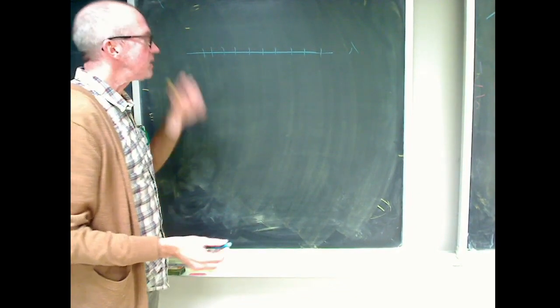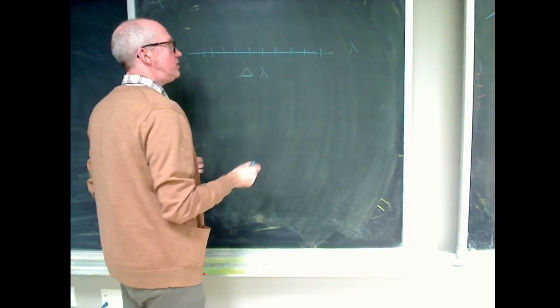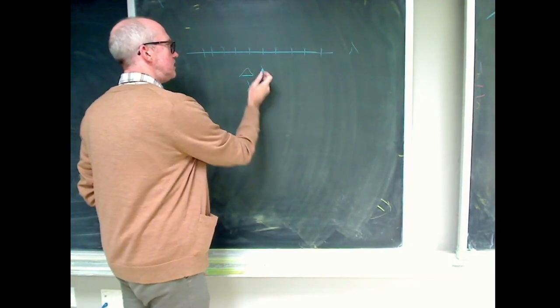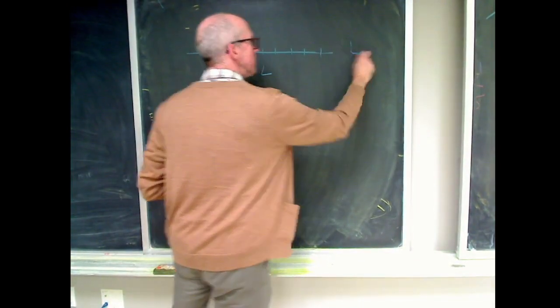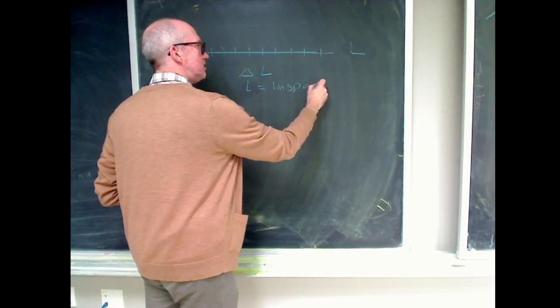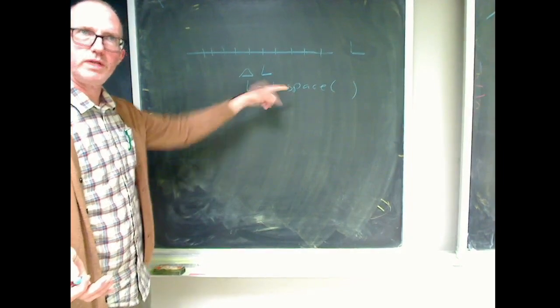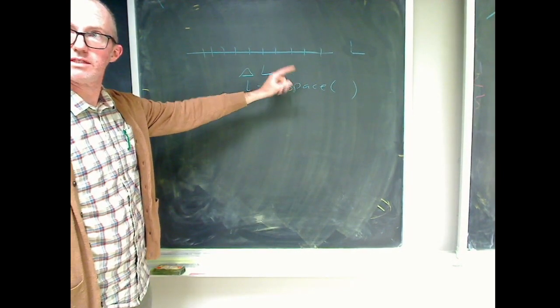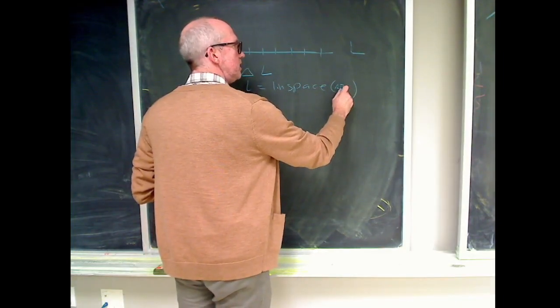Okay. And I need to know what delta lambda is too. Actually, let's call it something that I can actually type. Let's call it L. L is for wavelength. So L is going to be some kind of array of numbers. We like to use linspace for this because it gives us all the numbers between A and B.